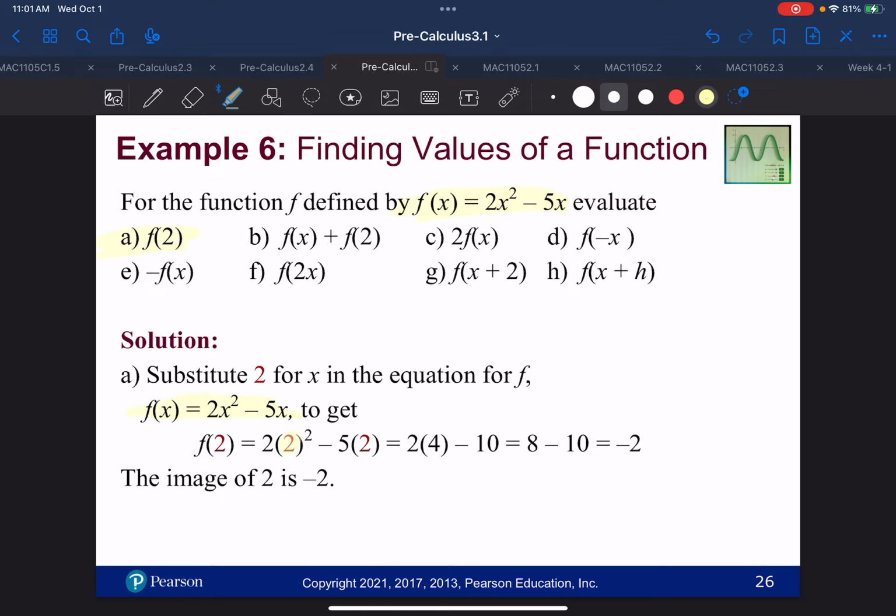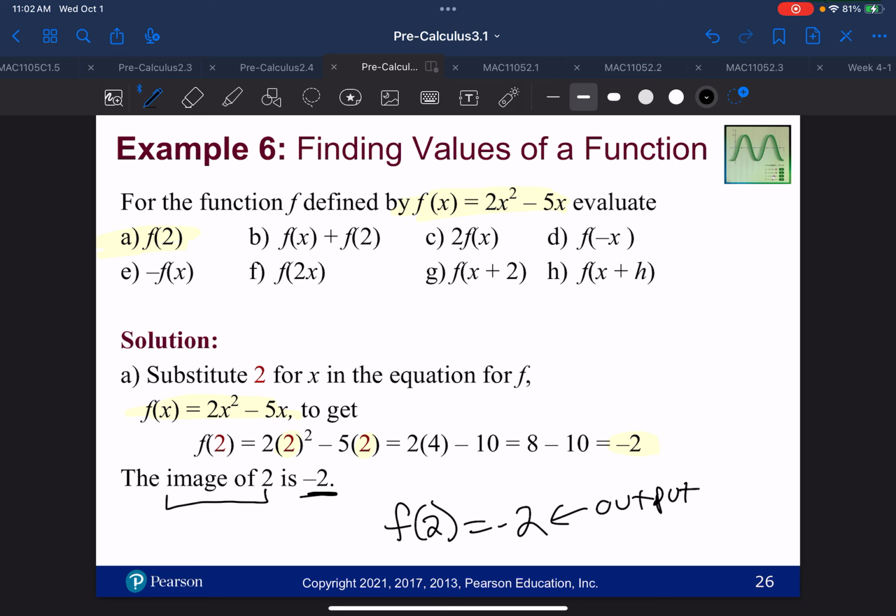So we get 2 times 2 squared minus 5 times 2. After evaluating that, we get that it's equal to negative 2. So we can also say that the image of 2 is negative 2. The output is also called the image.